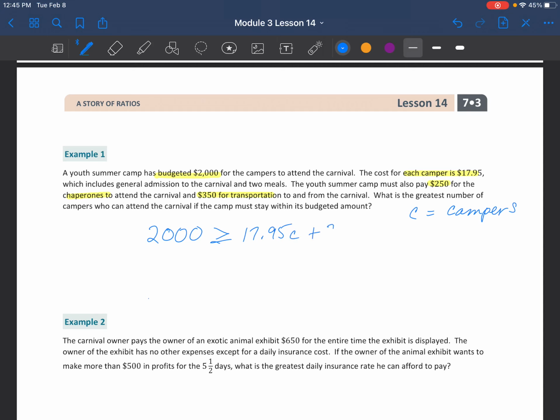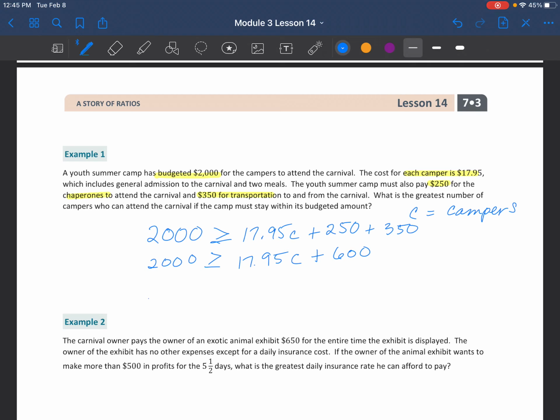And we're going to say that C is equal to the campers. So each camper pays $17.95, but we don't know how many campers there are, plus 250 plus 350. So there's my inequality.